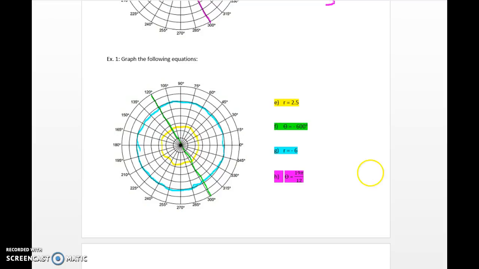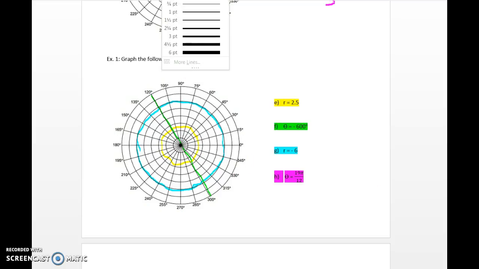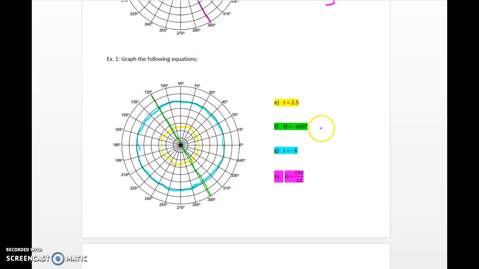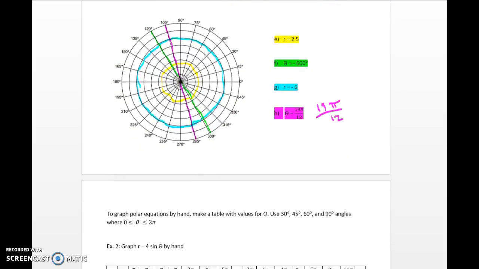And lastly, we have the pink, and the pink one says 19 pi over 12, which is 285 degrees. And theta equals constant is a line. So we have our lines here. So hopefully your answers match this. And we're going to move on to a little bit more complicated stuff.